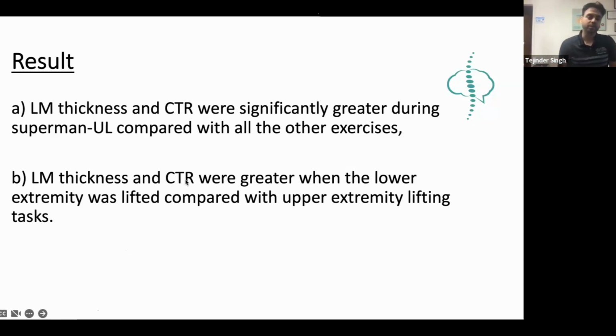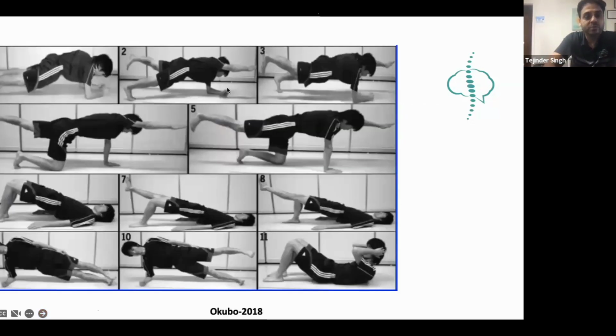Coming back to the point where you said the patient is not able to attain quadruped or prone position, what are the other positions we can use? Let's look at other exercises which were studied. This is plank with contralateral arm and leg.